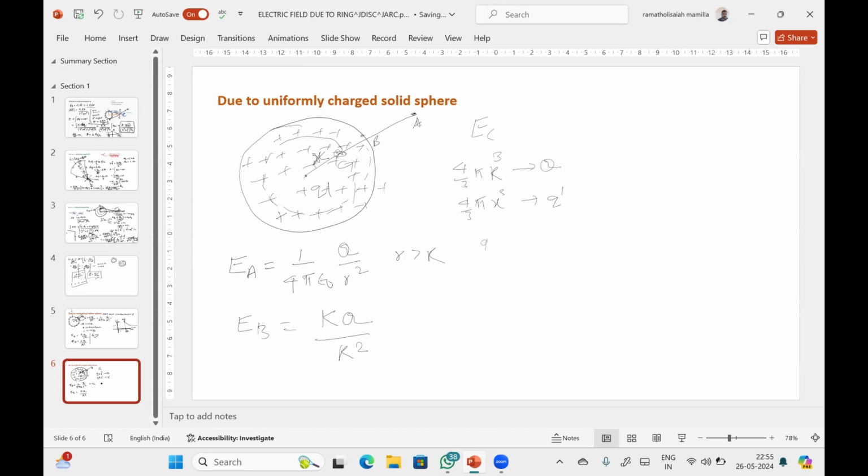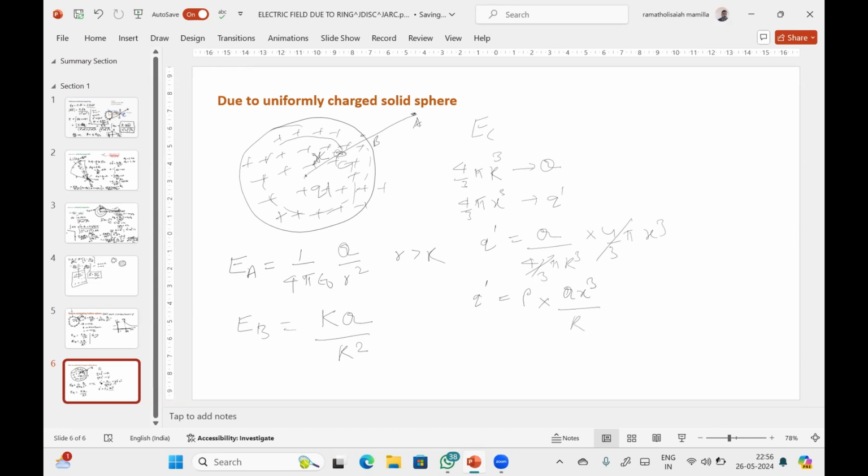So q dash is equal to q by 4 by 3 pi R cube, into 4 by 3 pi x cube. This we have already studied in gravitation, as effective mass. Volume into charge density gives the charge, so we get q dash equal to q x cube by R cube.